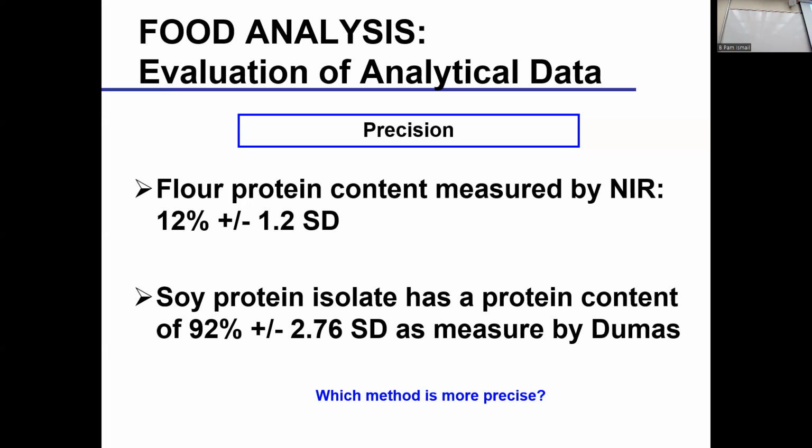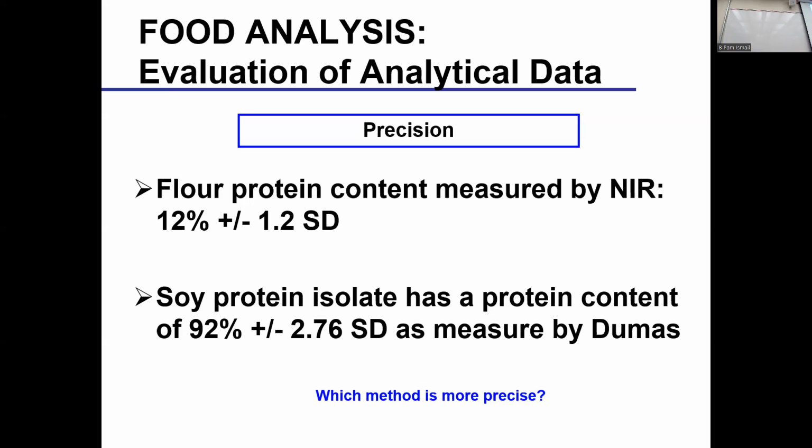Can you tell? Go ahead. The first one. Okay, so the first one would be more precise because of the lower standard deviation, even though it's not accurate, it's only a 12%. This is one answer. Any answer is a good answer, but is it the correct answer? Who wants to either agree? Let's take votes.